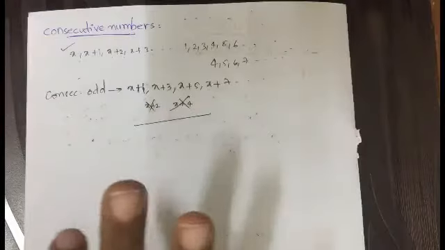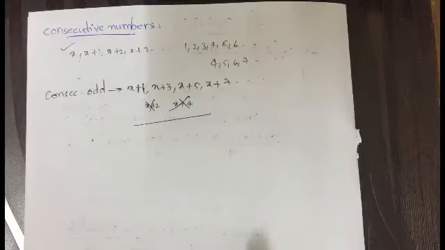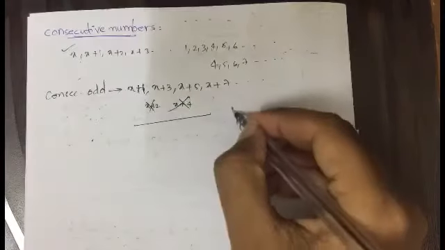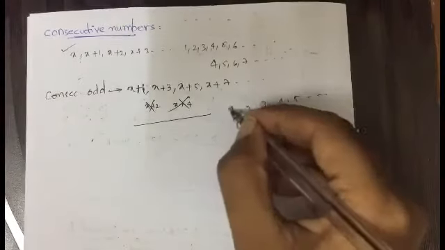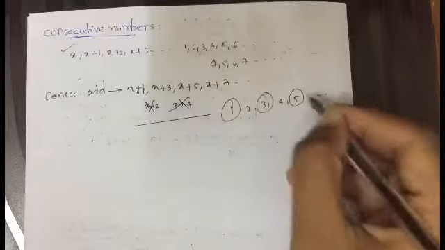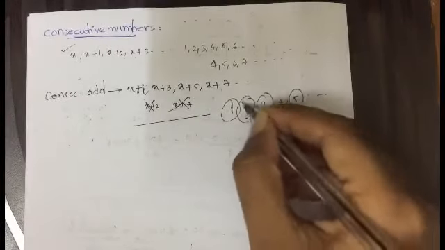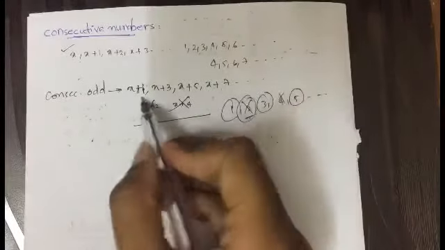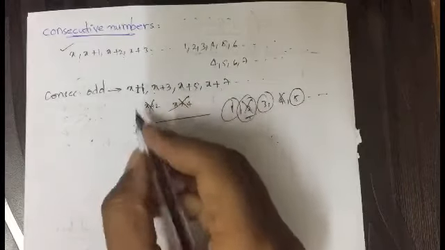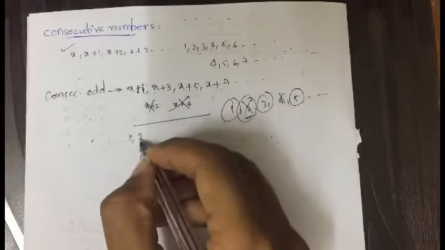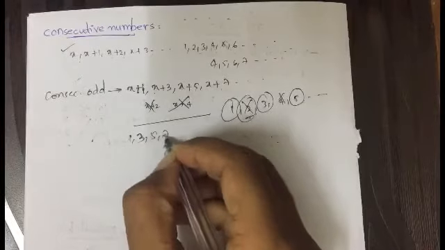These terms you'll not have, okay, because they are odd numbers. Odd numbers means in the sequence of 1, 2, 3, 4, 5, and so on, what are the odd numbers? 1, 3, 5, right? So you're eliminating the middle even number. So in this way you have to write the generalized form of consecutive odd numbers, which will be nothing but 1, 3, 5, 7, and so on.